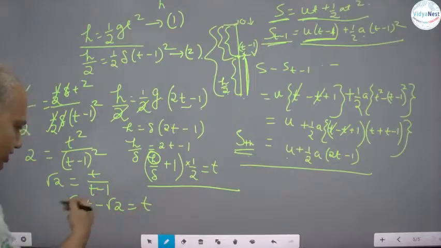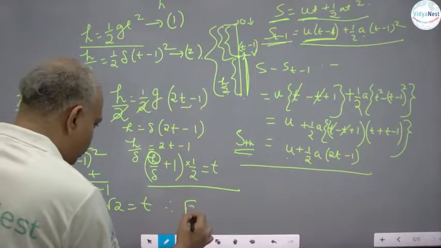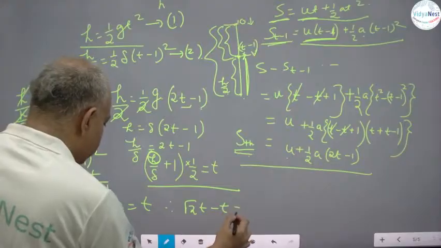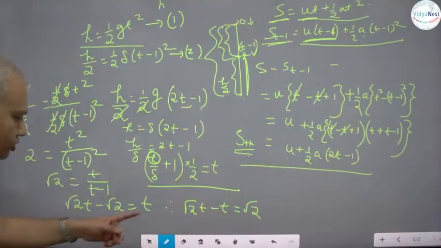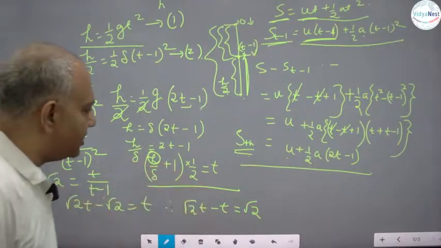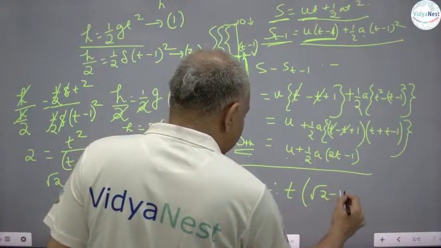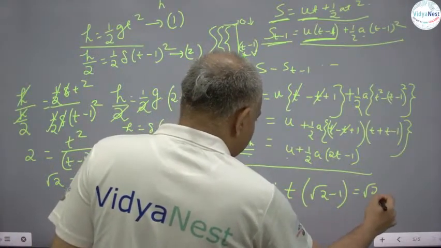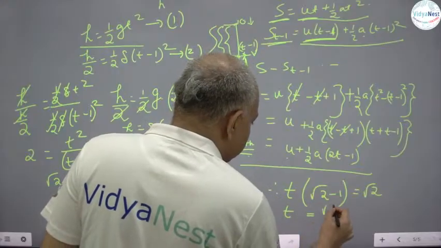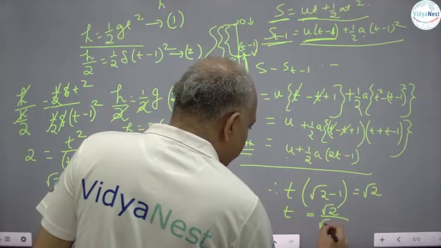So now put this t here: root 2 t minus t is equal to root 2. So t into root 2 minus 1 is equal to root 2. Therefore, the value of t is equal to root 2 divided by root 2 minus 1.